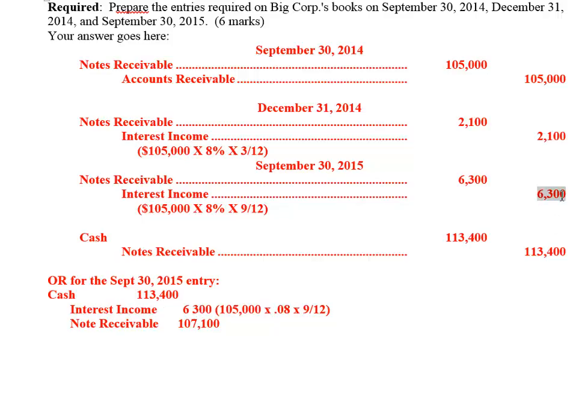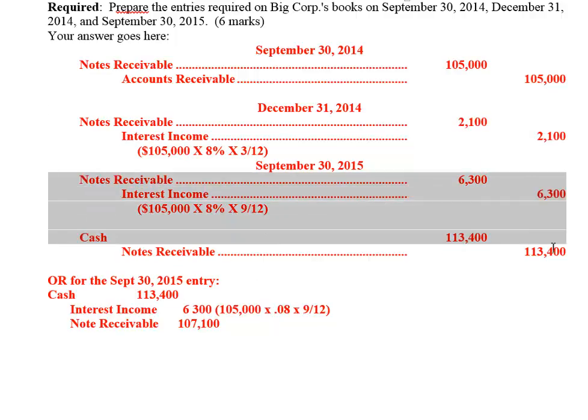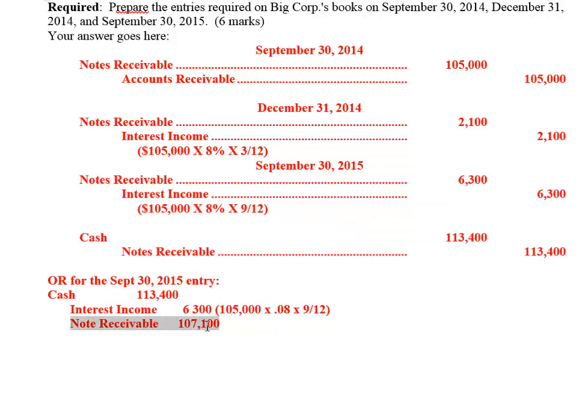That's our $6,300. So some students might put that here and say, well, now we're going to reduce the note receivable by 107,100. So again, some students would say, well, I had 105 here plus 2,100. I'm now going to do these entries as one big compound entry and credit the note receivable for 107,100, which is 105 plus 2,100.